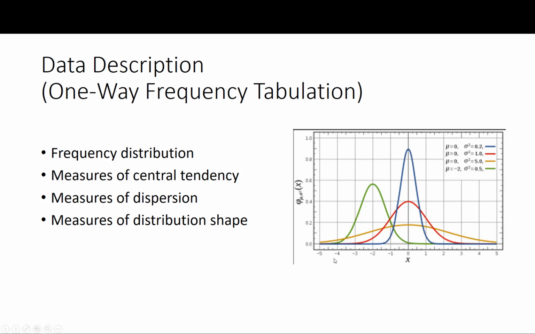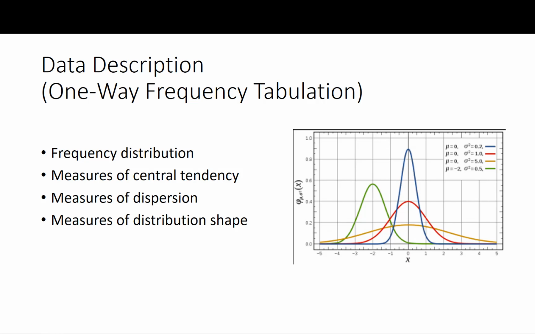So frequency distribution is how far along a scale our respondents lie. Measures of central tendency is how peaky versus flat our respondents tend to sit. Are they all sitting in the middle, or are they ranged along the measurement scale?